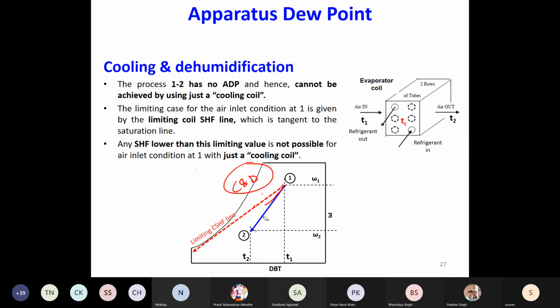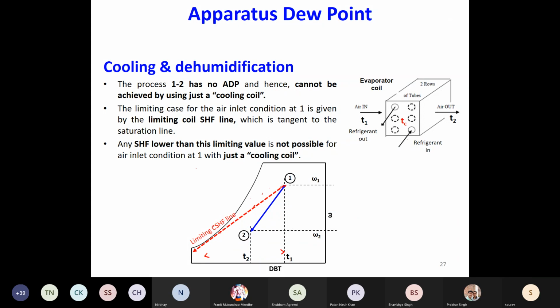Now you can see that if you are living in an environment where the humidity ratios are not very high, let's say this is the temperature and your humidity ratios are somewhere here, let's say you are living in Delhi or somewhere in the northern part of India, then you can see that if you draw a tangent, this is the amount of dehumidification that you can obtain, and this is the amount of cooling you can obtain, sensible cooling.